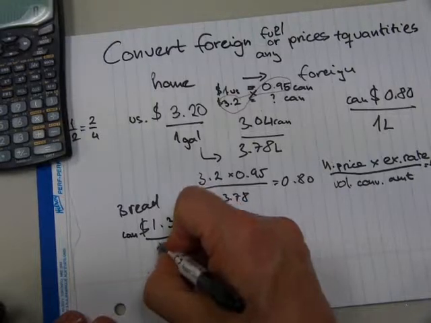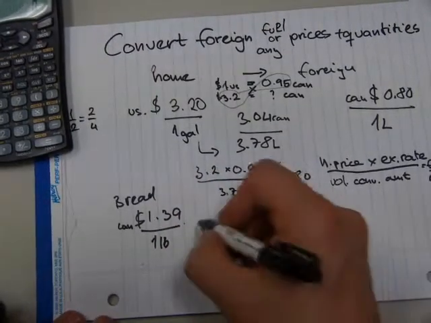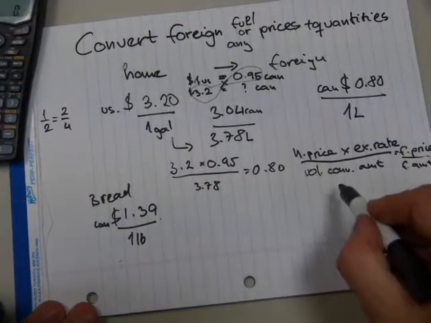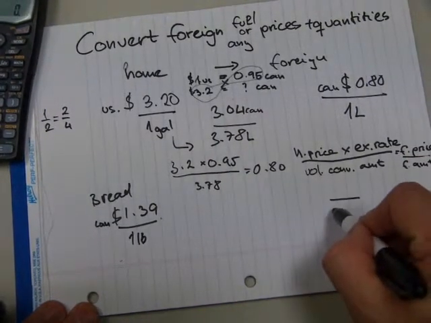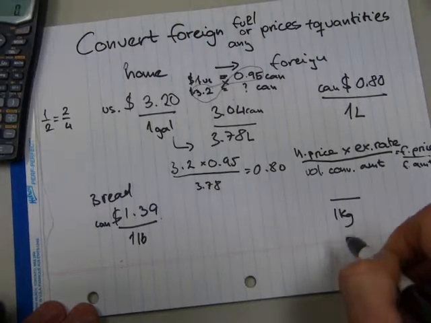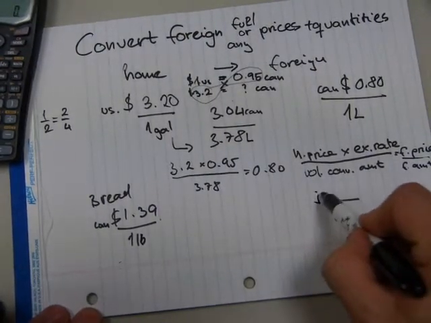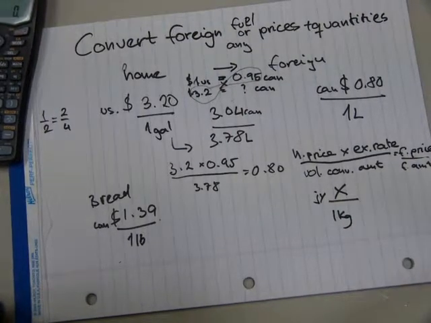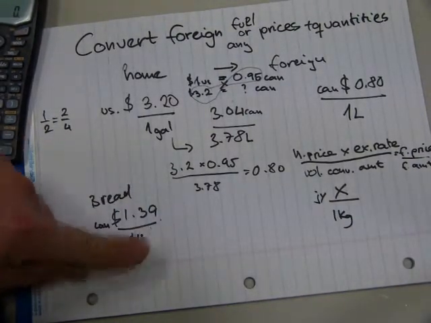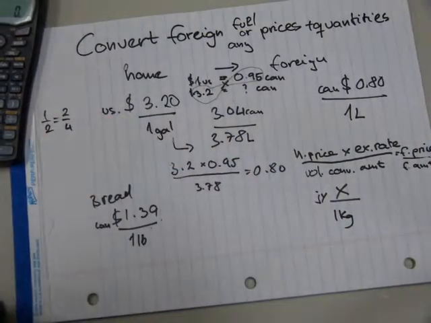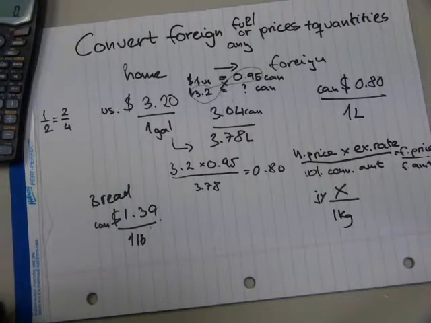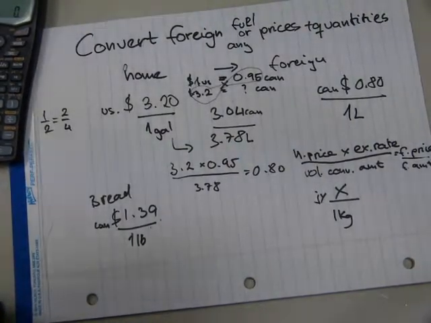And we're going to Japan, where they are selling bread by the kilogram, and that's in Japanese yen. We want to convert this initial amount into another equivalent fraction that works, so we can relate to the bread that's in front of us in a supermarket.